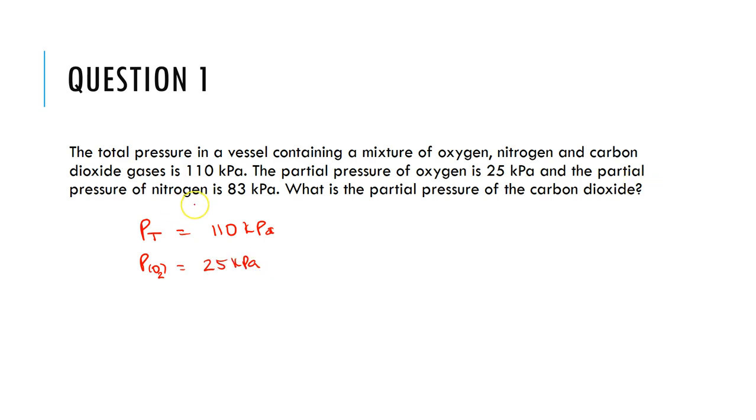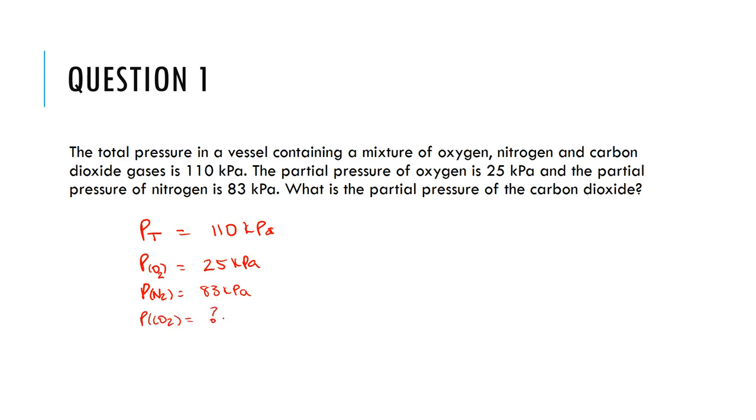And the pressure due to nitrogen gas is 83 kilopascals. They're all in the same unit, which is good. What is the partial pressure of carbon dioxide? So we want P of CO2.